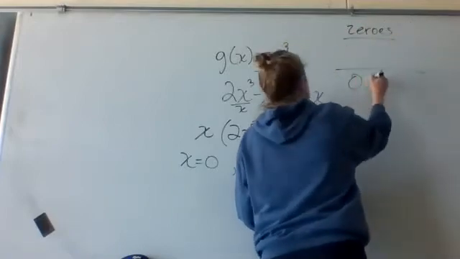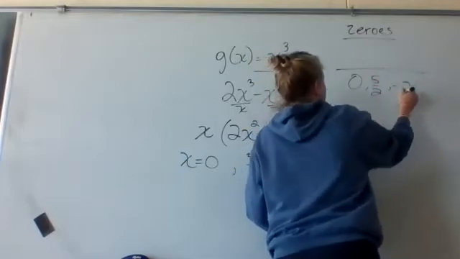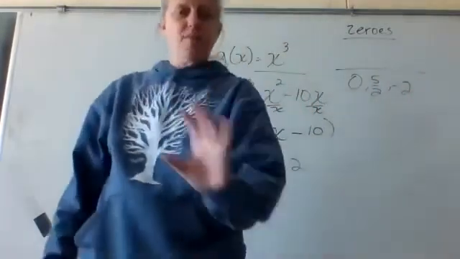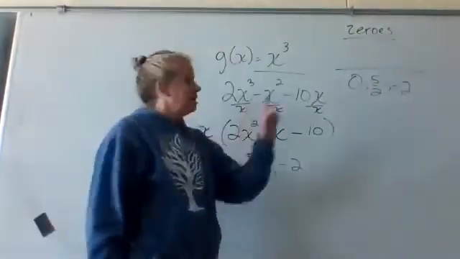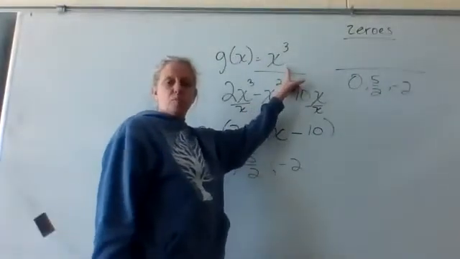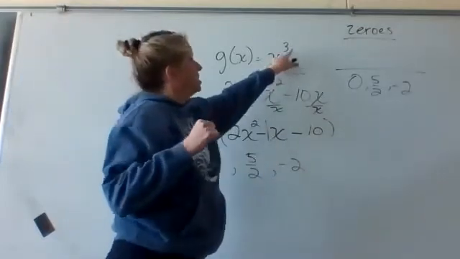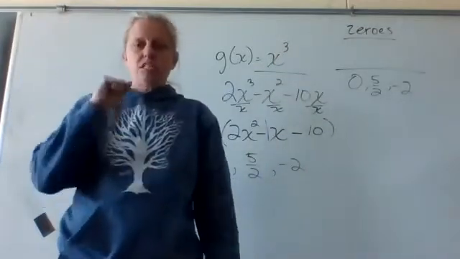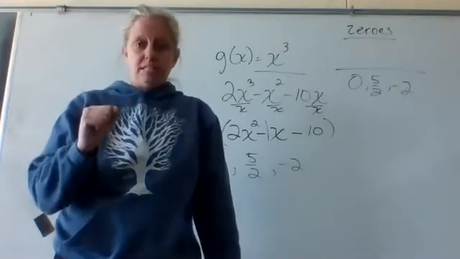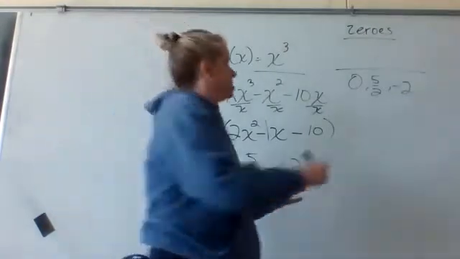So 0, 5 halves, and negative 2 are the three zeros of the denominator, but what's the 0 of this numerator? What number, if I plugged it in for this x and then cubed it, would still be 0? 0, right? 0 cubed is 0.